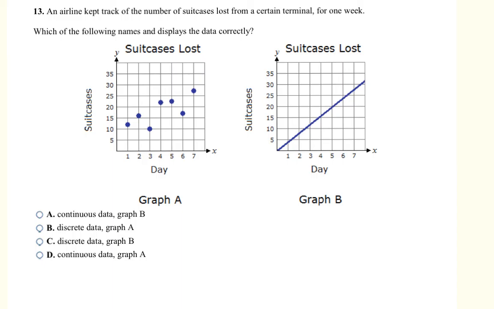No, you could only lose whole numbers of suitcases. 1, 2, 3, 4. So that means it's just going to be these points, and it's going to be discrete. Discrete data is always the one with just points, and continuous data is always the one connected. So since I need discrete, that's going to be graph A, and the one that says discrete data in graph A is choice B, my final answer.